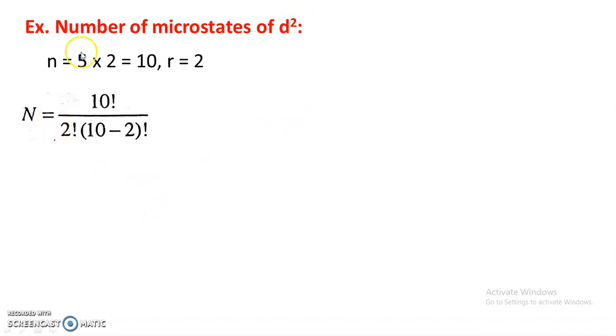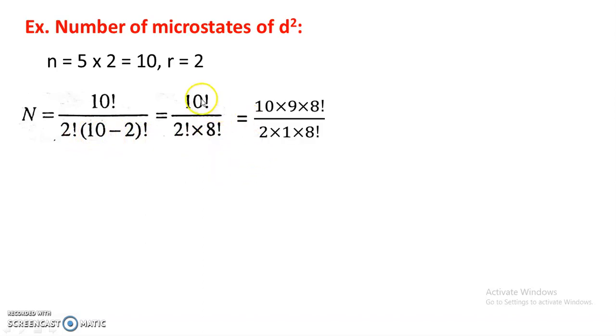So the number of microstates is n factorial upon r factorial into (n minus r) factorial. The value of n is 10 and r is 2. So 10 factorial upon 2 factorial into (10 minus 2) factorial, that is 8 factorial.